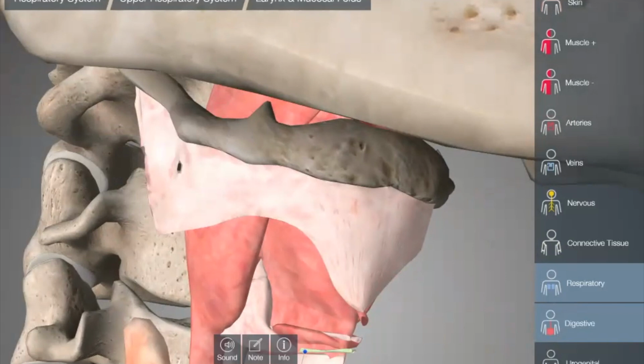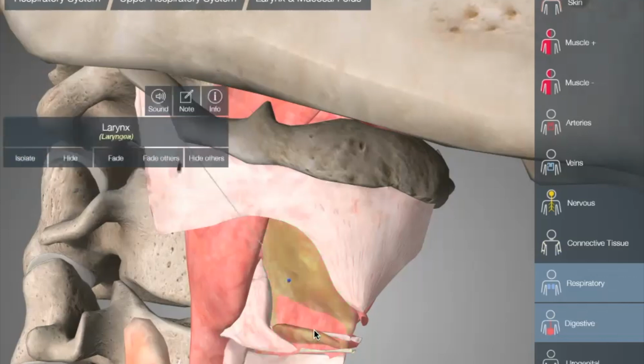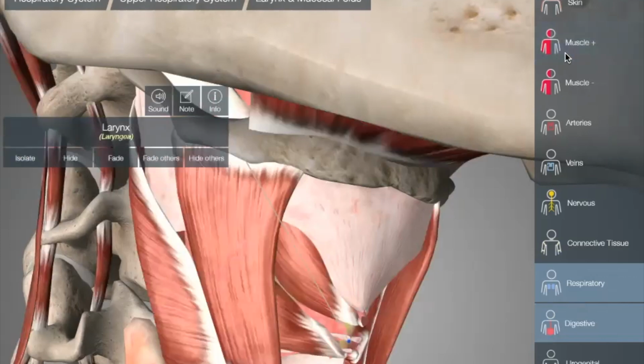The vocal folds are structured in many different ways, and there are four ways that they are structured histologically. You have the vocalis muscle.